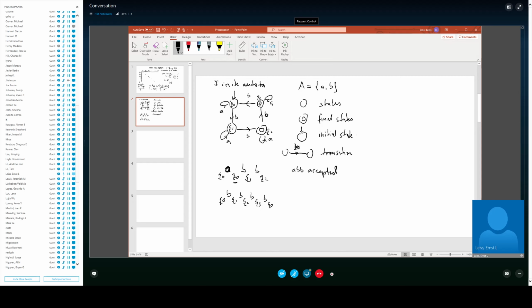If this is the word, then B, B, B, B is rejected, because Q0, where we ended up, is not a final state. Okay, does everybody understand how we play this game?